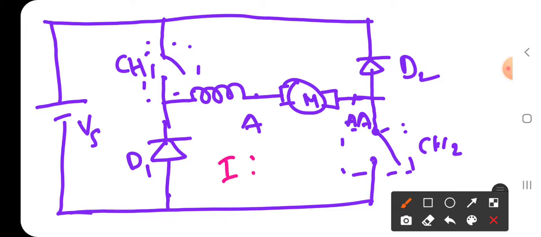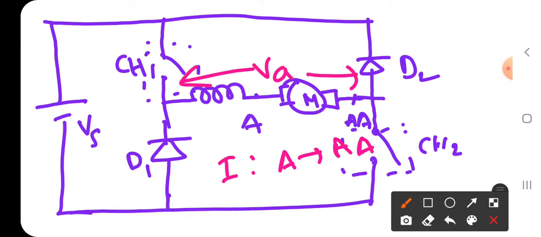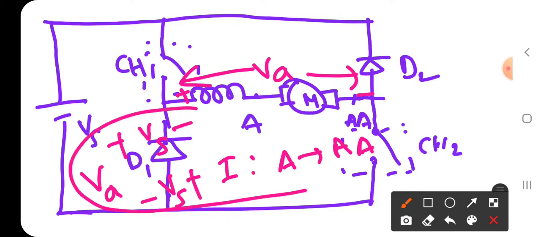If we take VA plus and VA minus, VA plus will be connected to Vs minus and VA minus will be connected to Vs plus. This is our constraint.